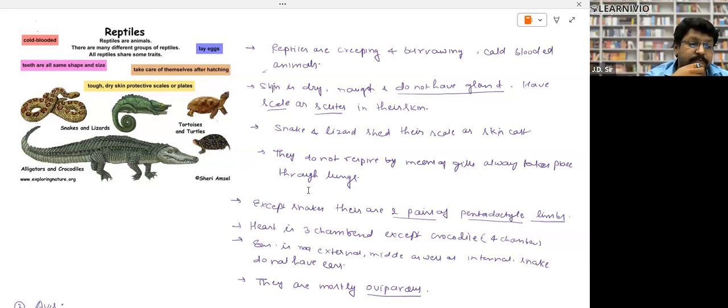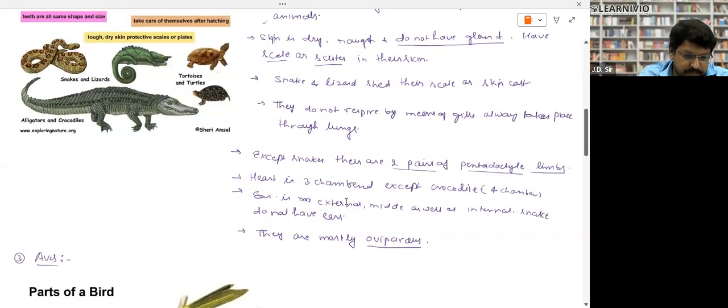Clear? Yes, sir. Except snake, you can see lizards have five fingers in their forelimb and hind limb both. Tortoise, five fingers. Crocodile, five fingers. So that is the pentadactyl limb, right? It is not present in apes, right? They have a claw-like structure. Their structure is different. Three in front and two backward, right? But we have this kind of structure, right?